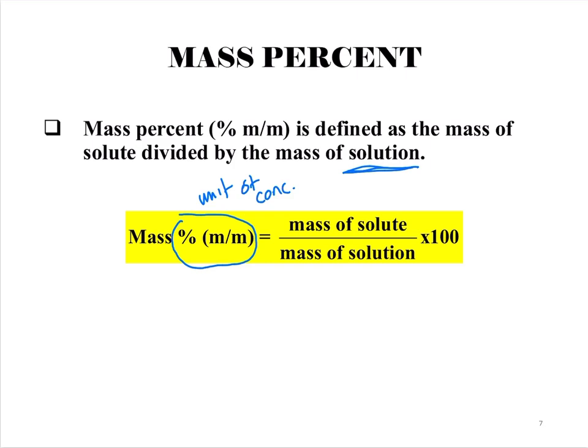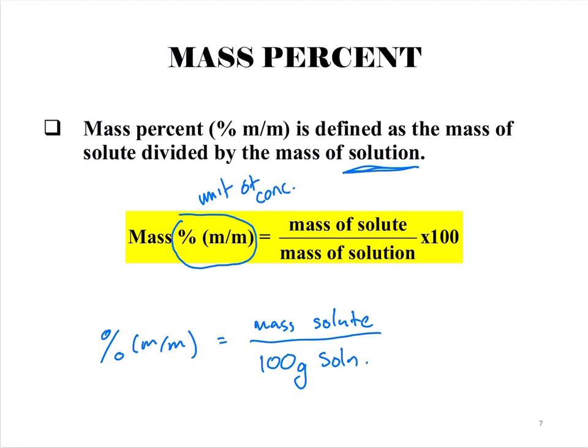And then if we're given a percent mass to mass, when we turn this into a conversion factor, it'll be the mass of solute per 100 grams of solution.